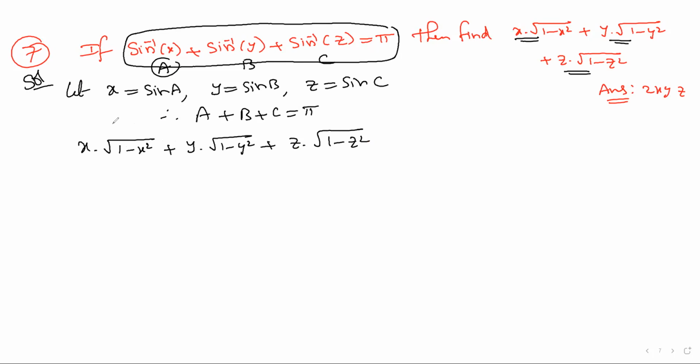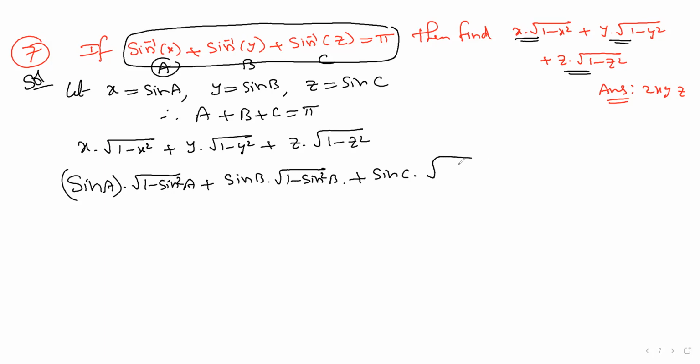Here x, y, z relation, right? sin A, sin B, sin C. Sin A into root 1 minus sin square A, sin B into root 1 minus sin square B, and sin C into root 1 minus sin square C. Here sin A into root 1 minus sin square A, we have cos A. Sin B into cos B. Sin C into cos C.